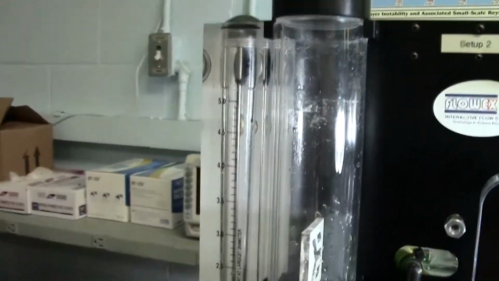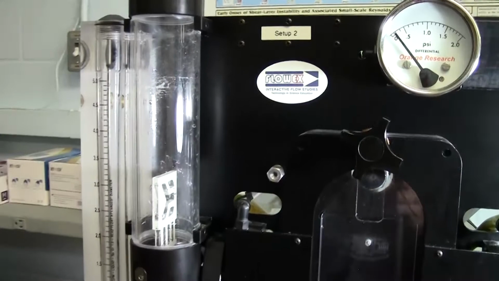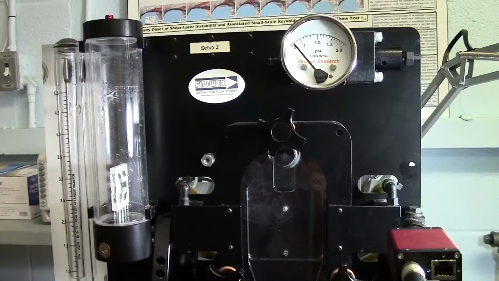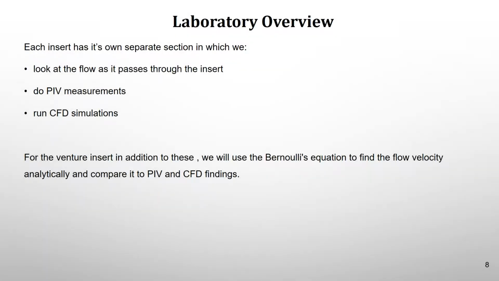So let's go back to the computer screen so that I can explain what we are going to do in the lab. We have three different inserts, and each insert has its own separate section in the laboratory report, in which we look at the flow as it passes through the insert and sketch a drawing from the flow, do the PIV measurements, and we run CFD simulations.